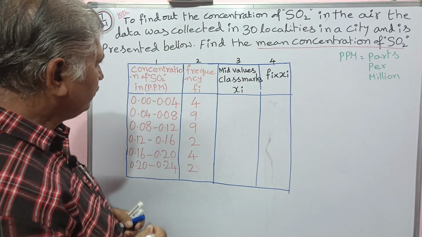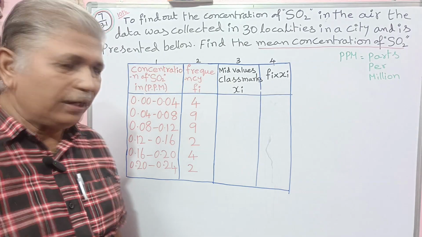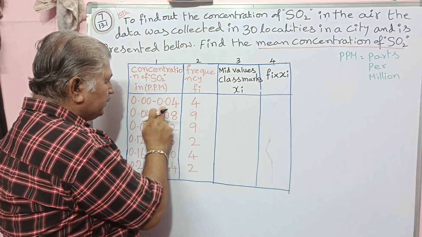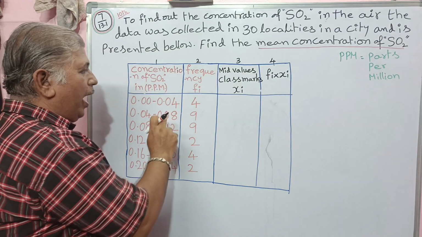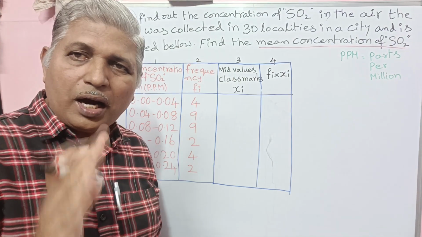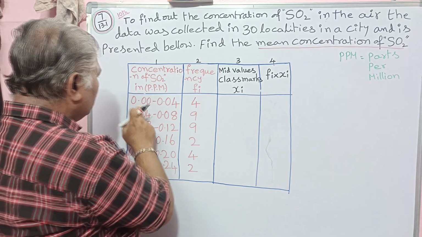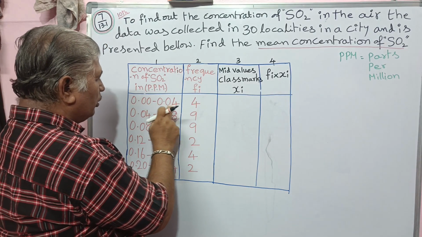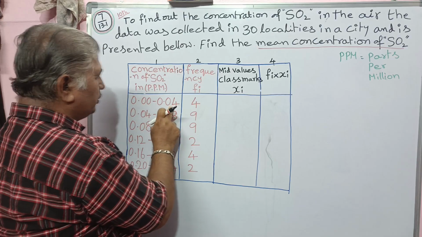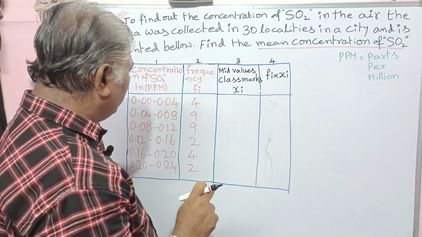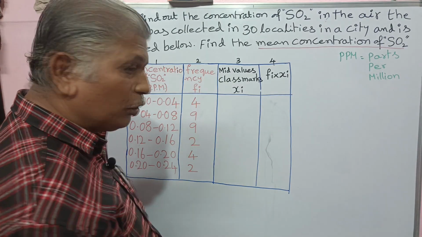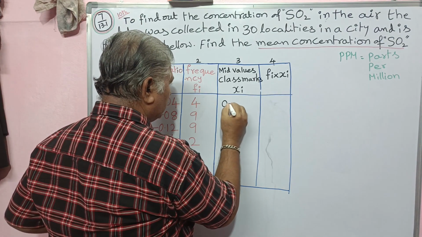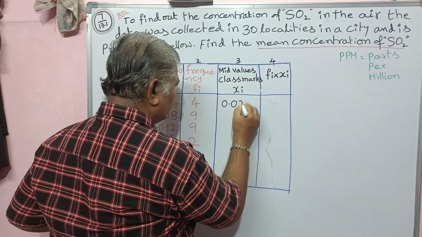How can we find mid values? We have to add these 2 values and make it half. 0.00 to 0.04: by adding these two values, we get 0.04, and half of 0.04 is 0.02.